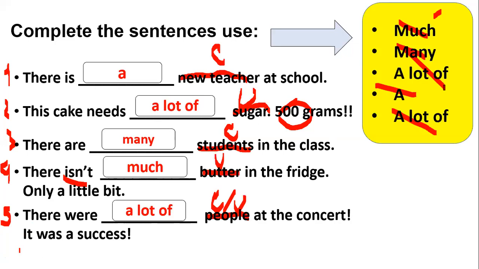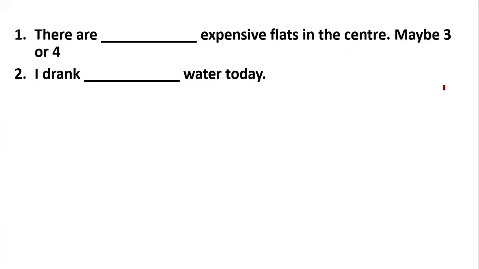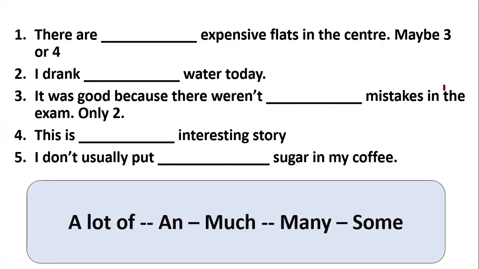Okay. So we're gonna continue, and we're actually gonna do something very similar. And this one, I want you to do it on your own. We are going to have the possibility of using a lot of, much, many, and some. I want you to read, and pay attention to the noun.